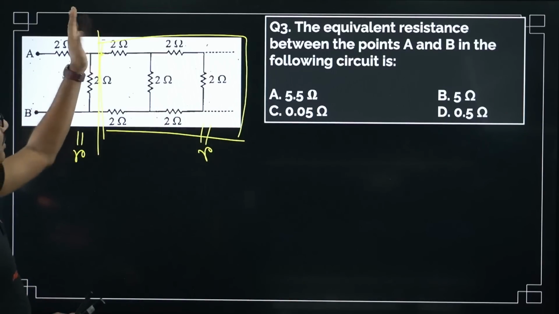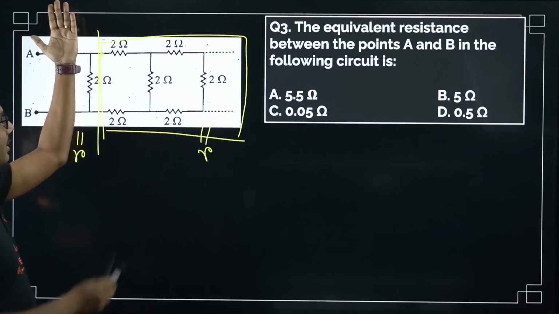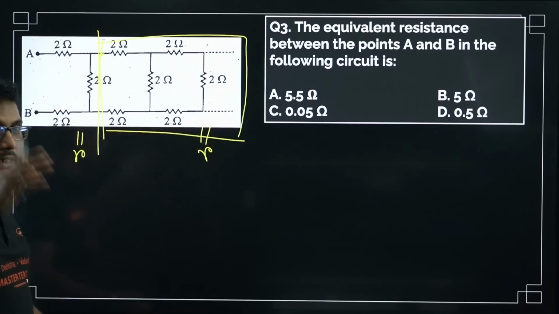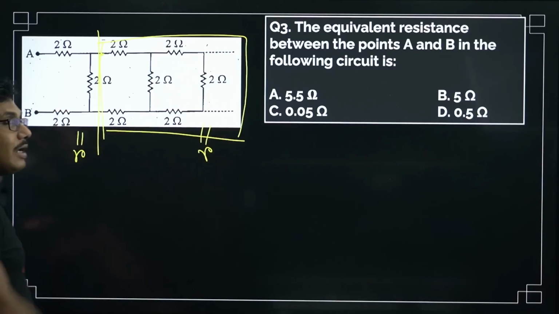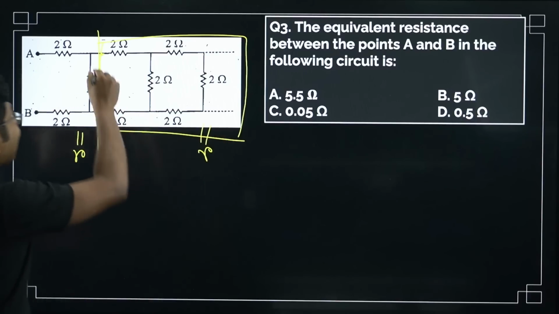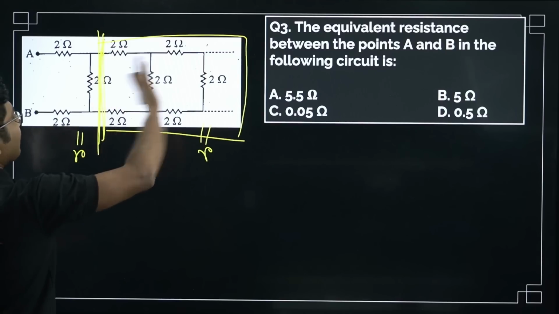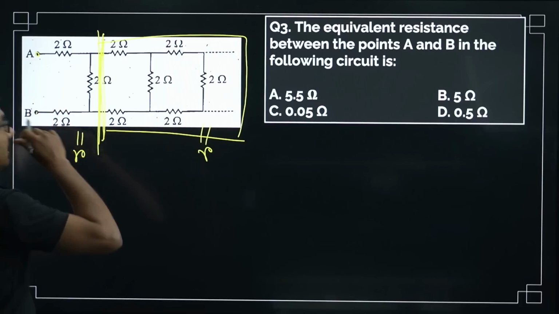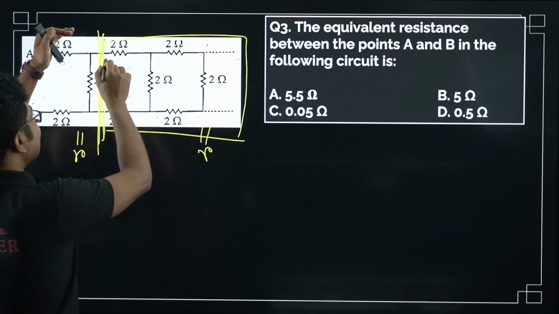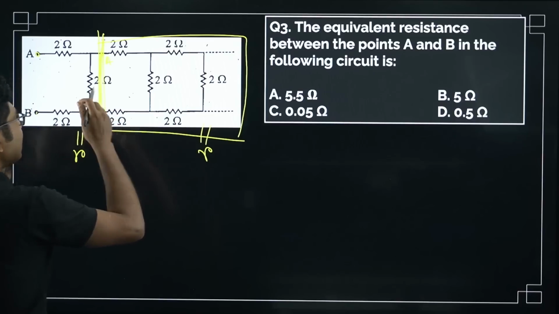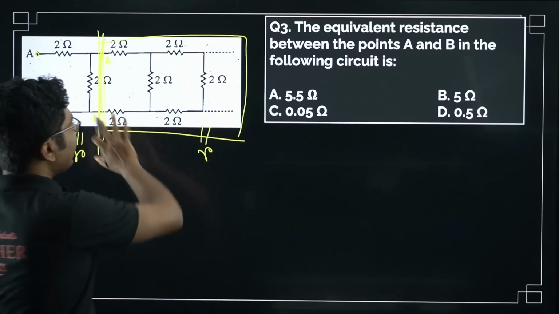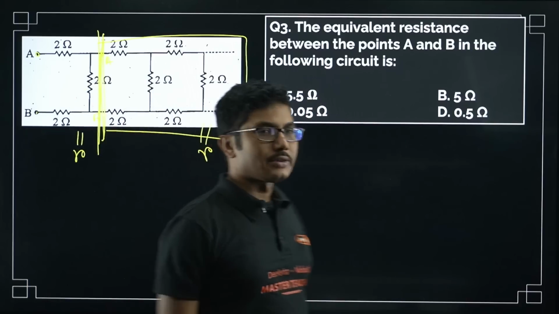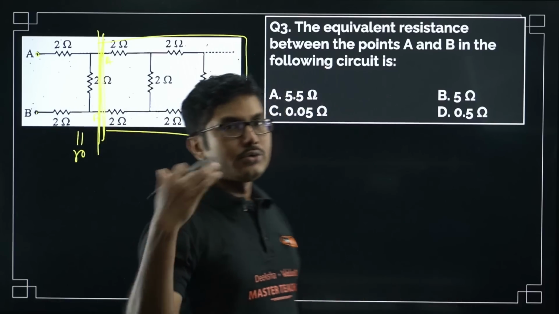In your mind you have to consider that this part is not there, then identify the line from where it is symmetrical. So this is the line from where everything on the right hand side is exactly the same if you start from A and B. If I say this point is A, this point is B, then it is also the same, right? So the equivalent resistance for this part is also r. This is the technique to solve this question.